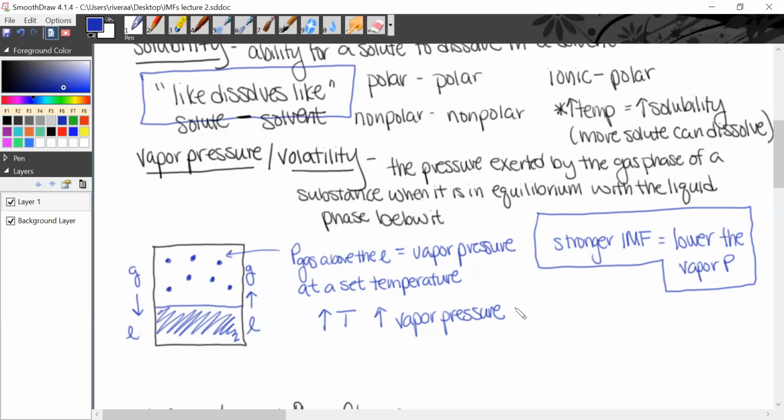I'm just talking about the particles that are at the surface going into the gas phase and condensing down into the liquid phase in dynamic equilibrium, such that there's actually no change in how much liquid versus how much gas you have present, okay? It's not phase change here. It's just the particles that are at the surface, okay? When we're talking about these particles doing that at the surface, we don't say it's boiling, we say that it's evaporating.